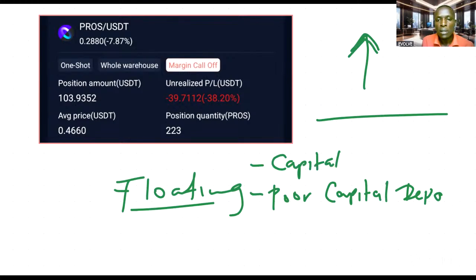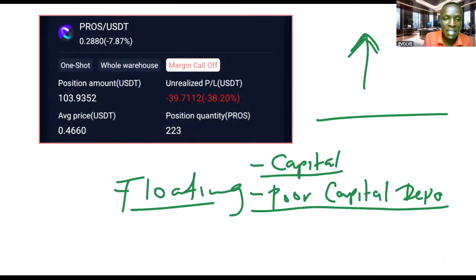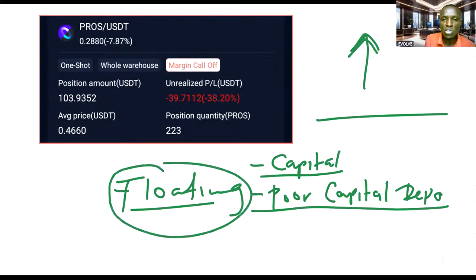So if you want to move out of the market faster, number one, work on growing your capital. Number two, make sure you deploy your capital in the market wisely. That way you are going to aid yourself from floating loss and ensure that you don't take long in trades.